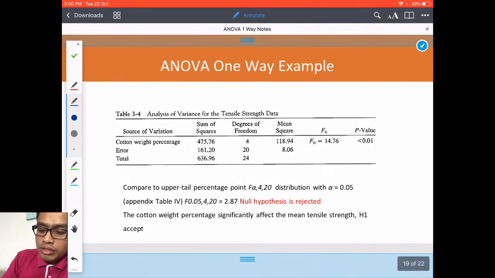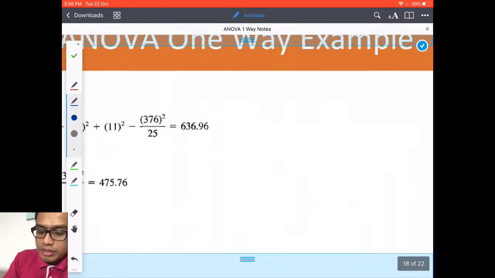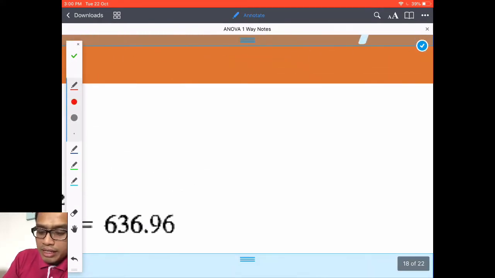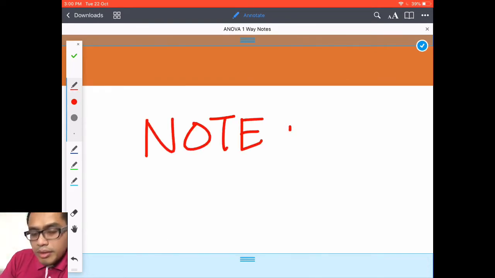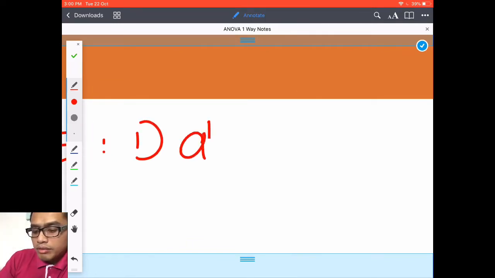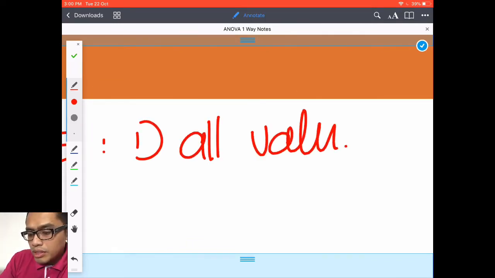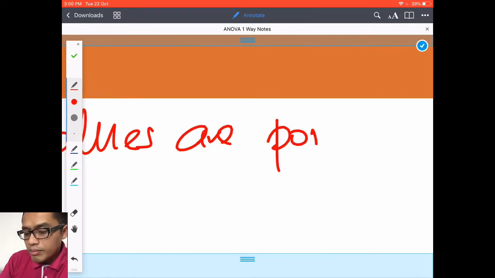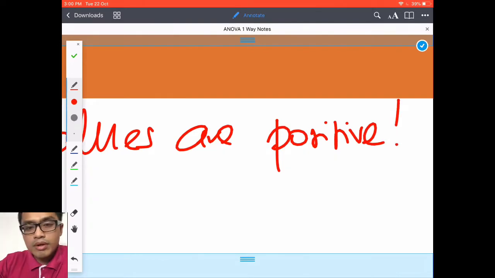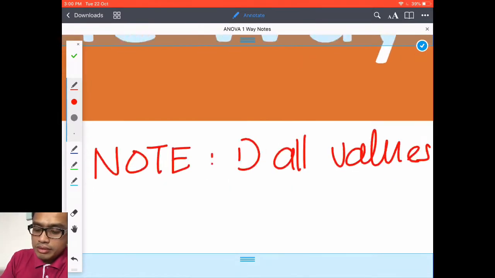What you need to note, I'm going to write here in red color. The main note is, number 1, all values are positive. What's number 2? Simple.